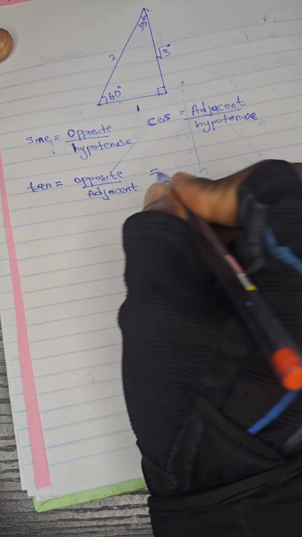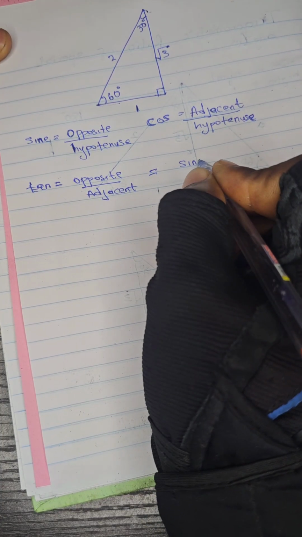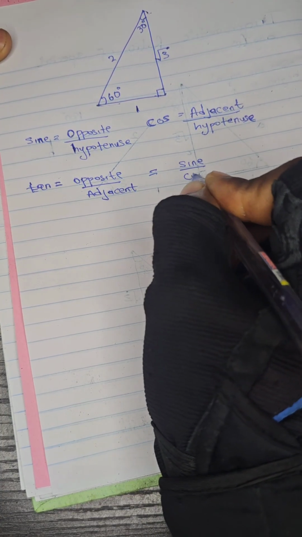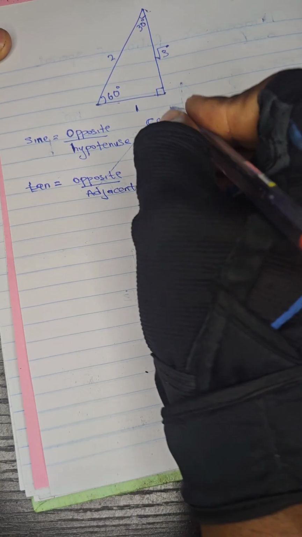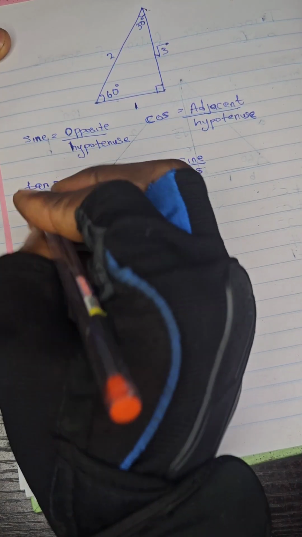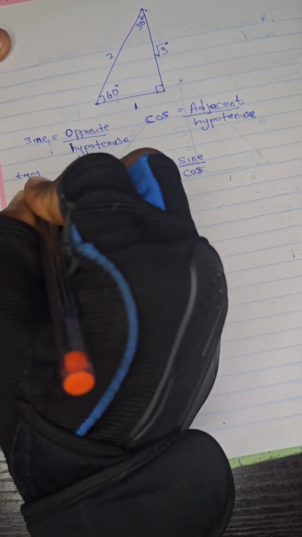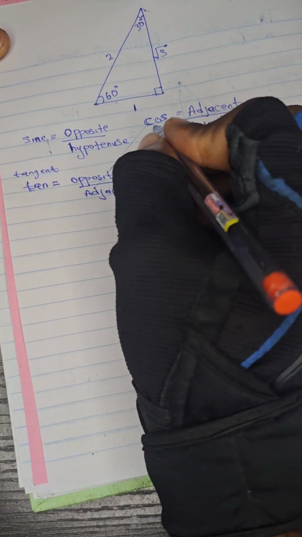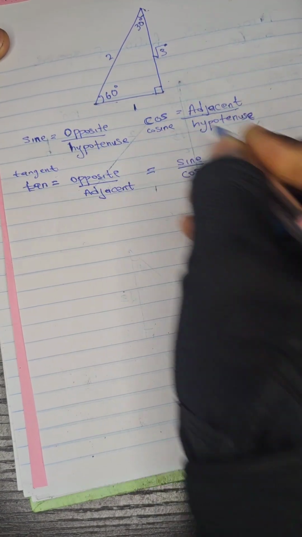Another way you can define tan is sine over cos. This is cosine. The real name of this is tangent, but we'll call it tan. We've been using tan for tangent, and this one is cosine, but we're using cos as the short form as we go through this class.